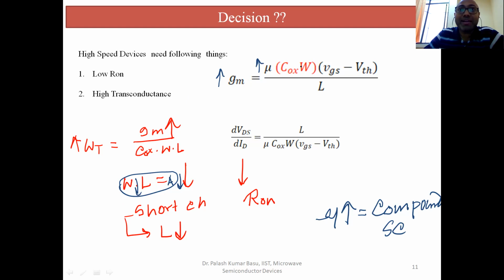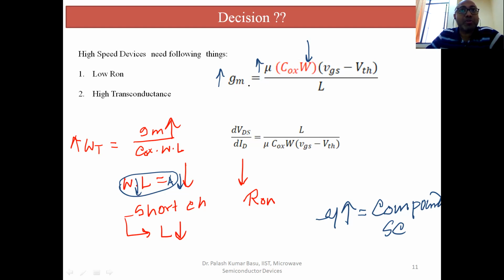So what is the idea? The idea is to not do much on W. Don't do much on W, because your cutoff frequency depends on GM, and GM is proportional to W, right?